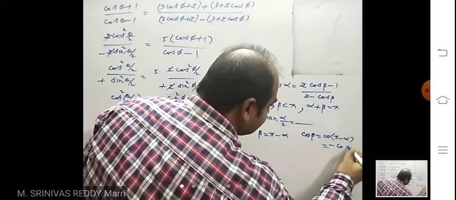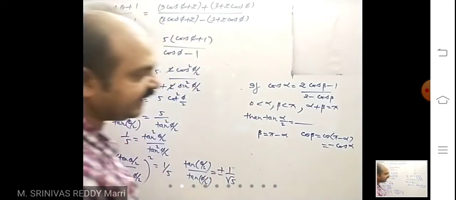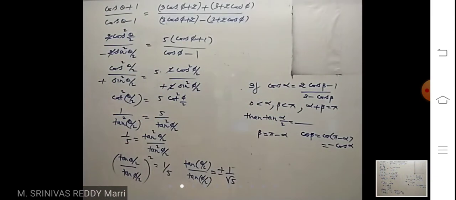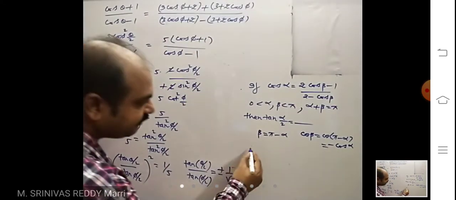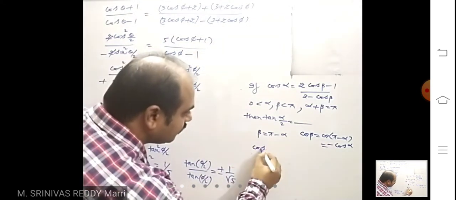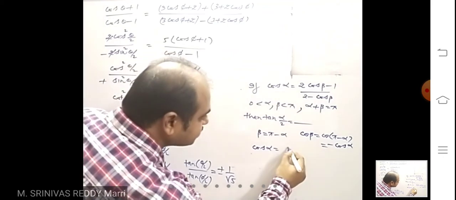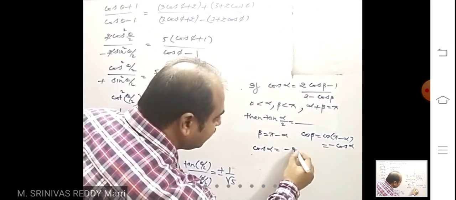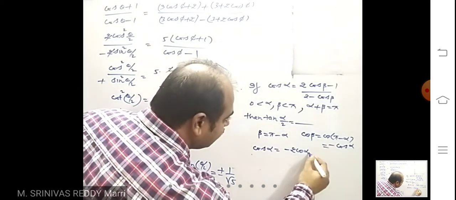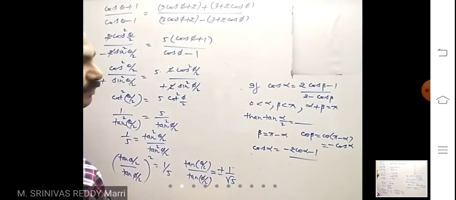This is nothing but cos of 180 minus theta, which means cos theta is negative in the second quadrant. So cos alpha equals, in place of cos beta, you replace minus cos alpha.